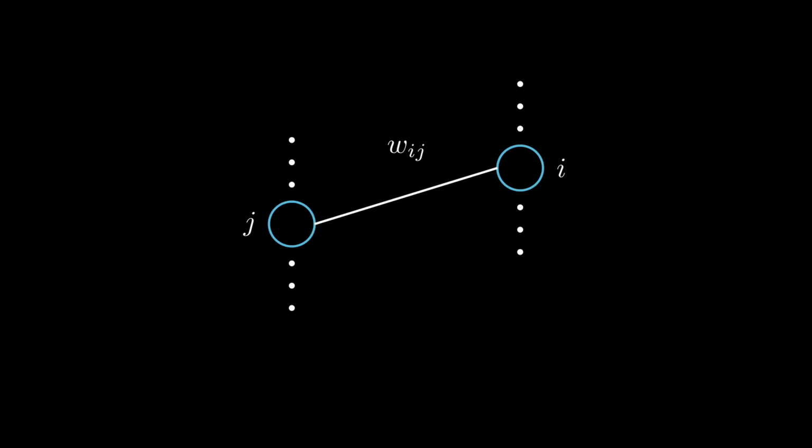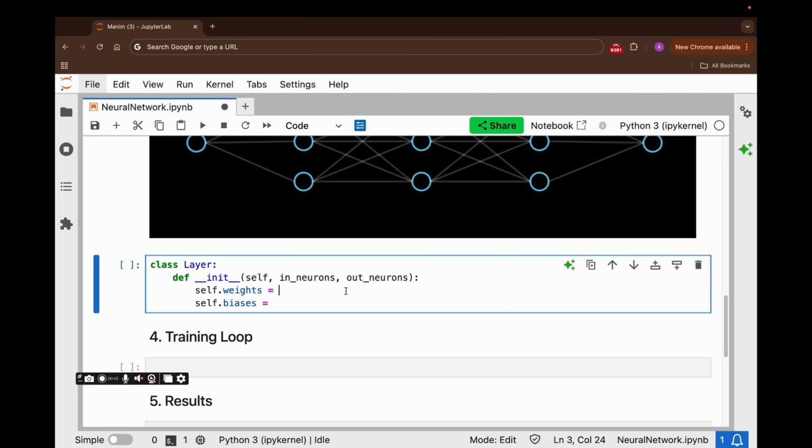So we're going to do this by using a normal distribution. So we have self.weights equals np.random.normal. We're going to use a distribution that's centered at 0, and our standard deviation will be the square root of 2 over the number of neurons coming out, so out neurons.